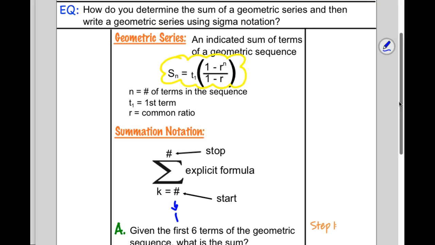If you think about it, our explicit formulas for arithmetic were basically in the form of y equals mx plus b. That doesn't give us really, I mean, it sort of gives us a starting point, but it gives us our y-intercept, which would be like term 0. It doesn't give us term 1. But if you recall, explicit formula for geometric gives us term 1, it gives us our r. So there's not much to do for it, and you'll see that as we get there.